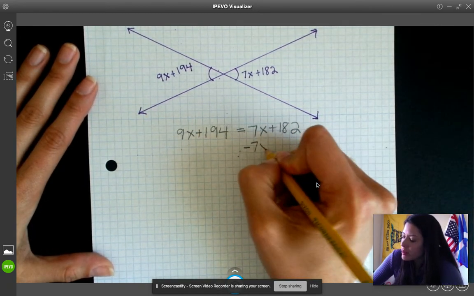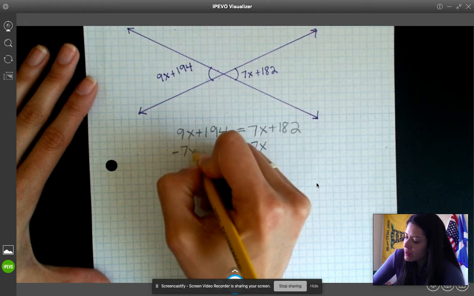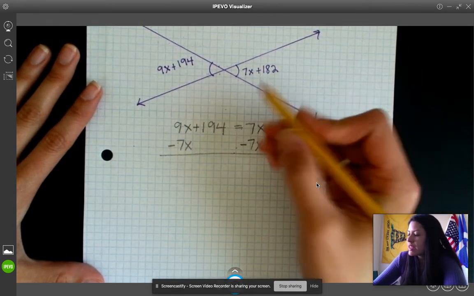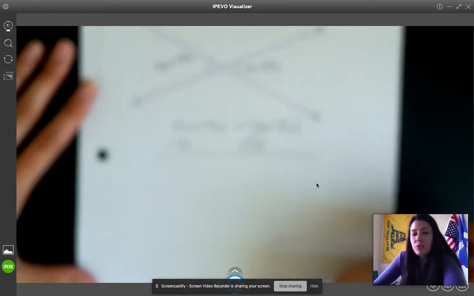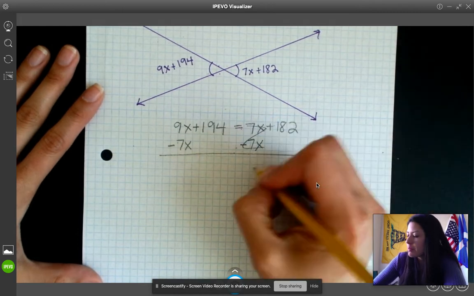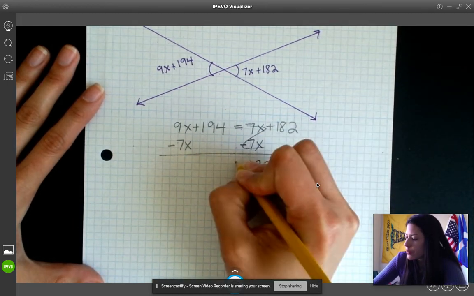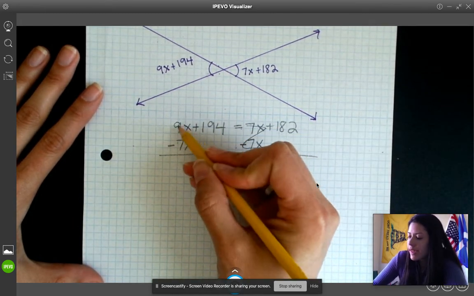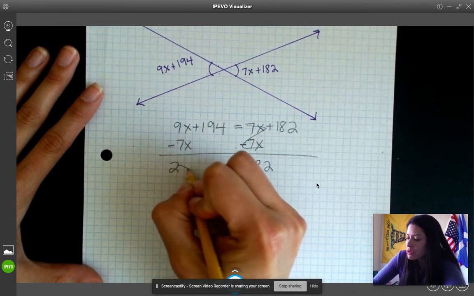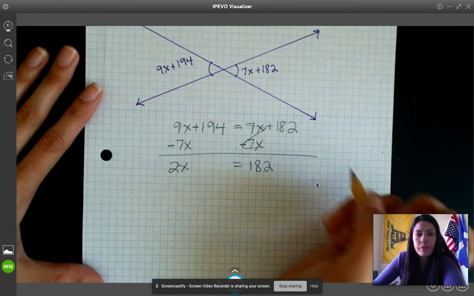let's see what happens. Minus 7x, minus 7x, okay? When I take away 7x over here, I'm not left with any variable on the right side of my equation. All I'm left with is 182. Now over here, I've got 9x minus 7x, which is 2x, okay?